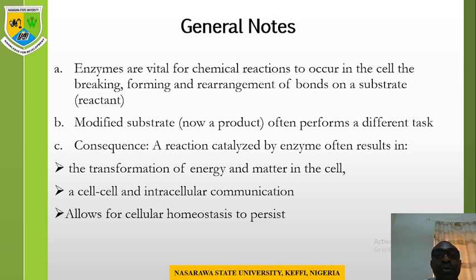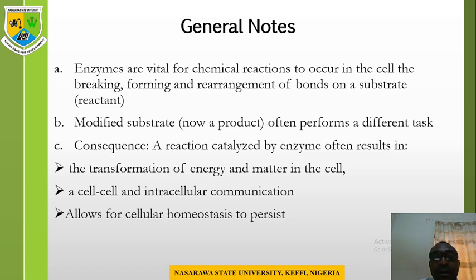So the substrate upon which an enzyme acts is known as the reactant. Then another point is that there is a modified substrate. The substrate that has now become a product is a function of the rearrangement of bonds and the breaking of bonds, and these are catalyzed, carried out by the enzymes.